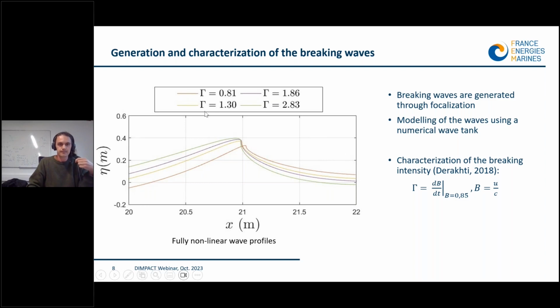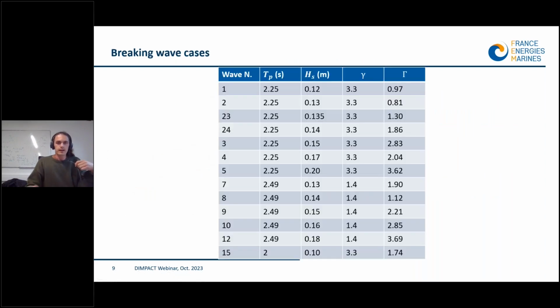And as you can see, the bigger the gamma, the more intensive the breaking is. So the orange wave corresponds to a small spilling breaker, while the green wave with an important gamma corresponds to a strong plunging breaker.